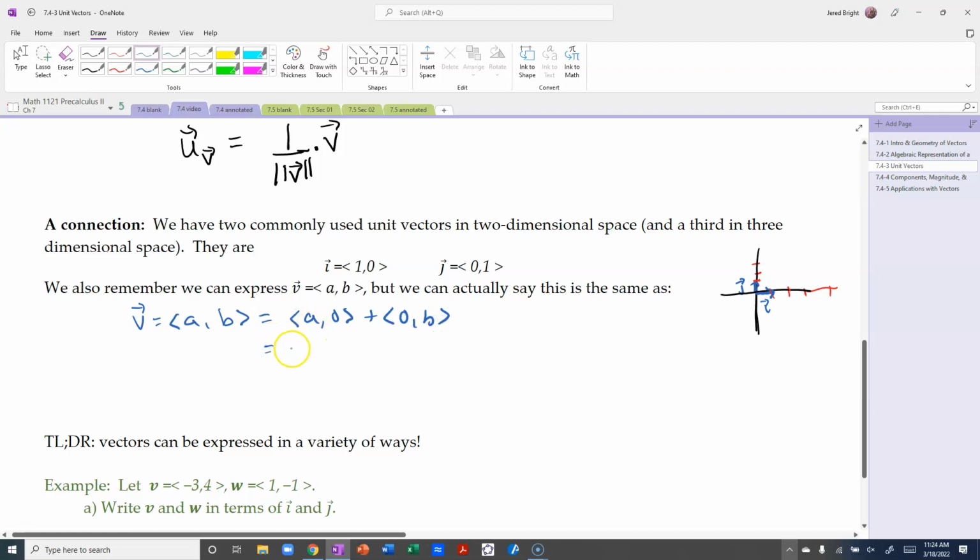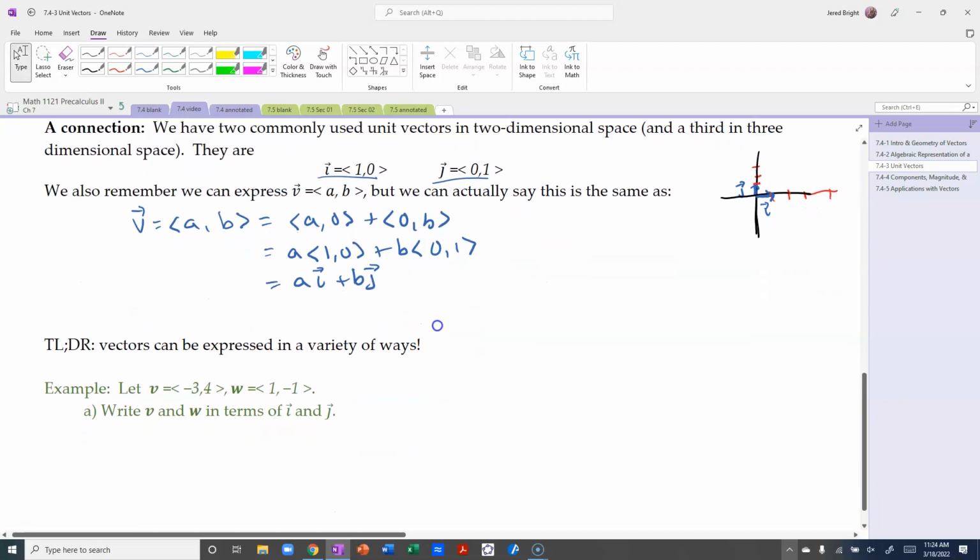Then I can factor the a out, so this is a times 1, 0 plus b times 0, 1. And 1, 0 is i, and 0, 1 is j. So this says go a units in the i direction horizontally, and then go b units in the j direction, vertically. That seems to be consistent.